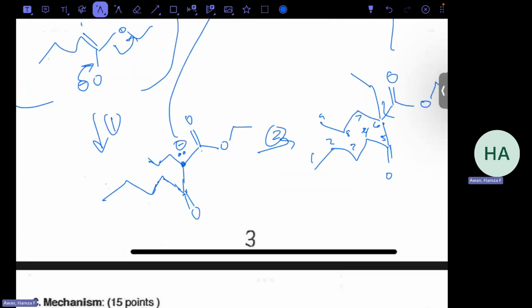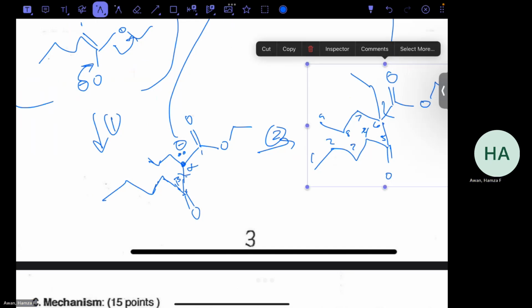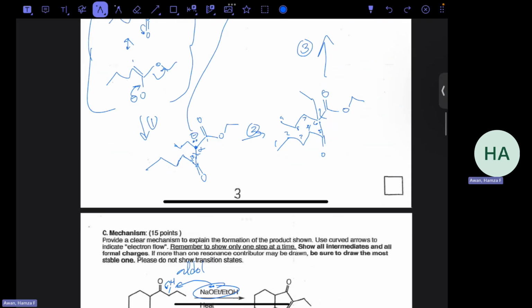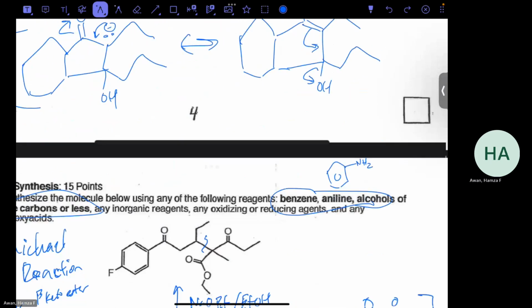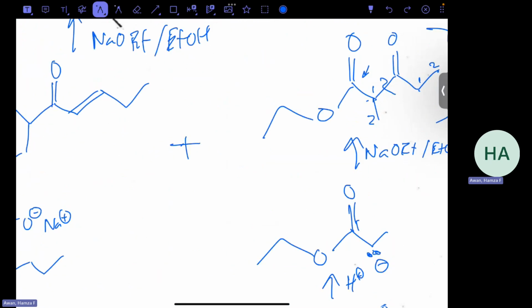So you see 1 carbon, alpha, and then beta. We have our beta keto ester, and between the alpha and beta is where we created that bond. So if I look over here, we have the alpha and beta position, and between those we're creating that bond, right?